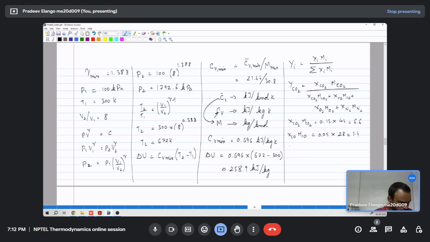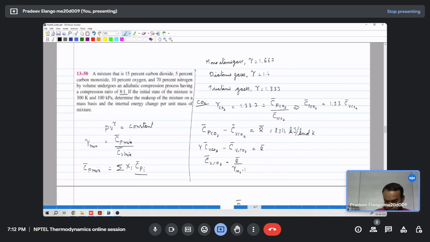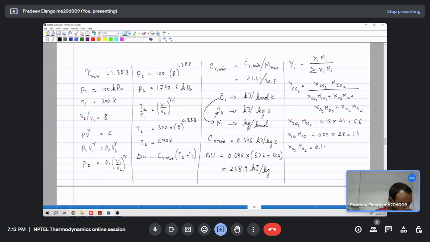Then x O2 into the molecular weight of O2: for oxygen the percentage is 10%, into 32, so this is 3.2. x nitrogen into the molecular weight of nitrogen is 0.7 into 28, so this is 19.6. If you add all this, let's say M, that is 30.8.